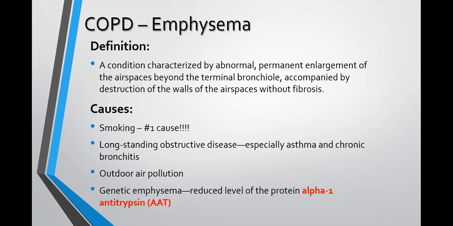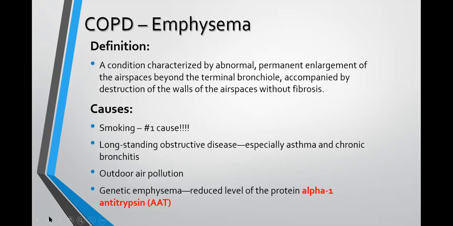There's a protein in the body called alpha-1 antitrypsin that helps keep the lungs' elasticity. But if you're born with low levels of that, then you automatically have emphysema from birth. You can have emphysema-type problems from birth because you have a low level of alpha-1 antitrypsin.